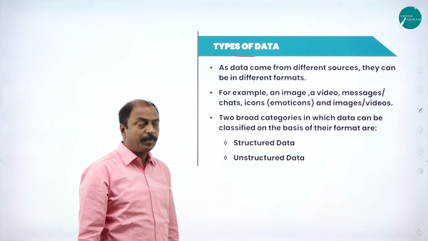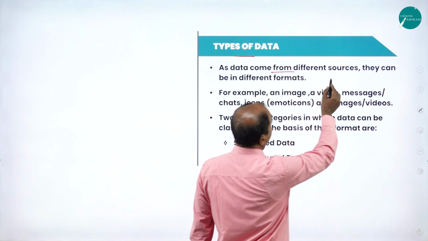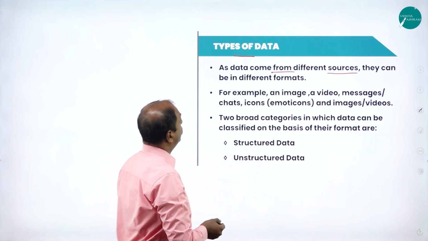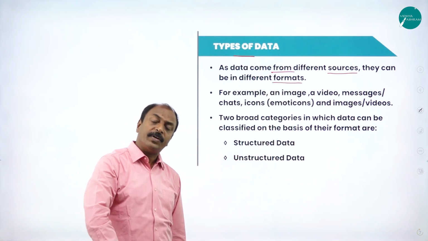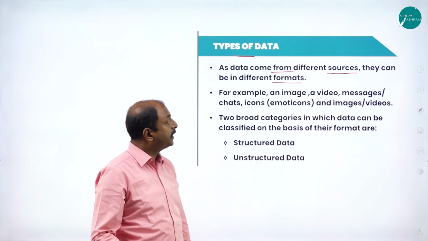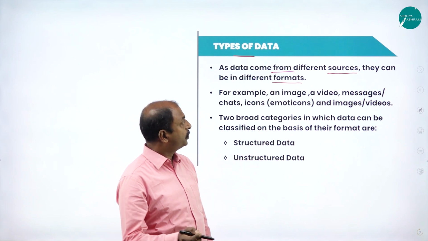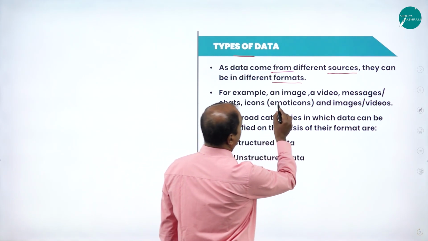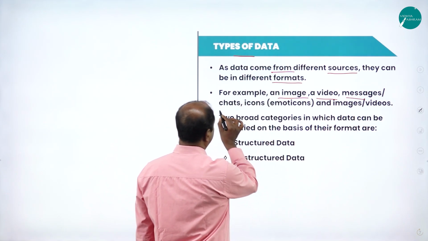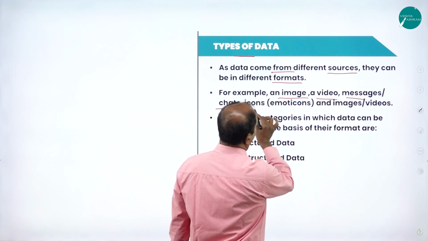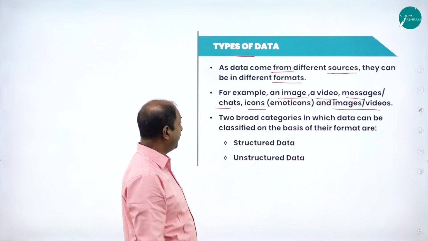Data can be of different forms and different formats, and we can gather it from different resources. For example, an image is data, and video messages, text messages, chats, even icons, images and videos, all these are one form of data.